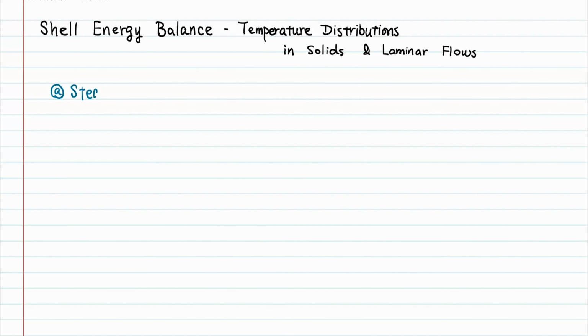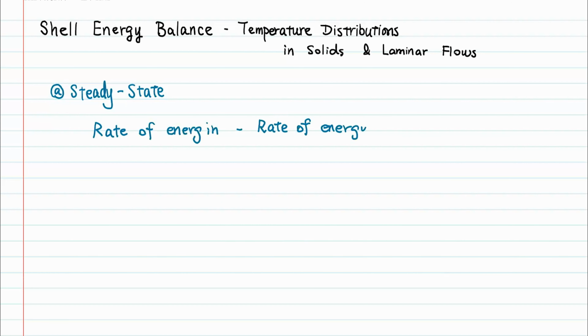So at steady state, we know that the rate of energy going into a particular system, so say rate of energy in minus rate of energy out would equal the rate of energy production or consumption.